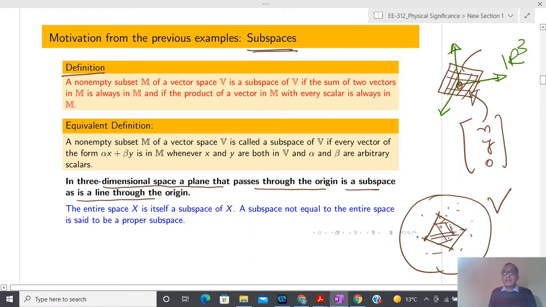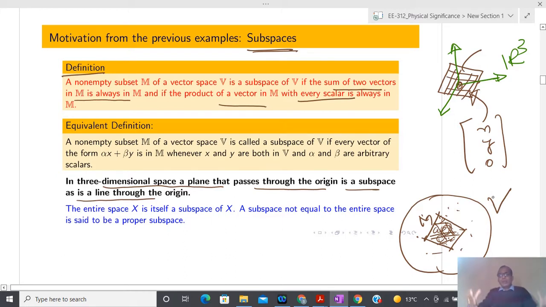If we can guarantee that the sum of two vectors in M always remains in M, meaning vector addition does not leave this space, and if the product of a vector with every scalar is always inside M, then I can say that this subset M of the vector space V is a subspace.